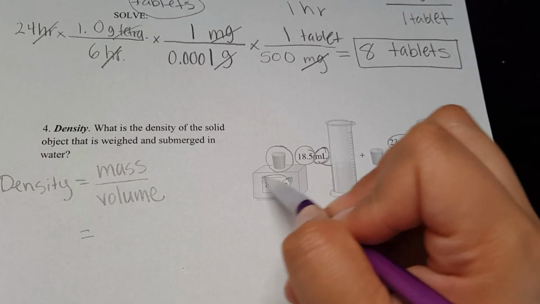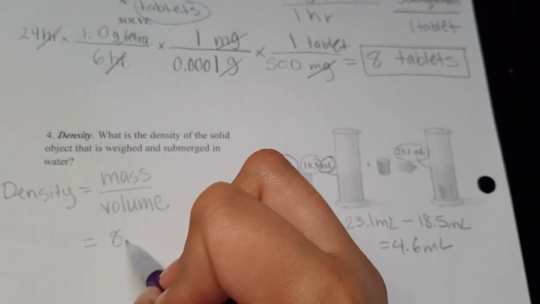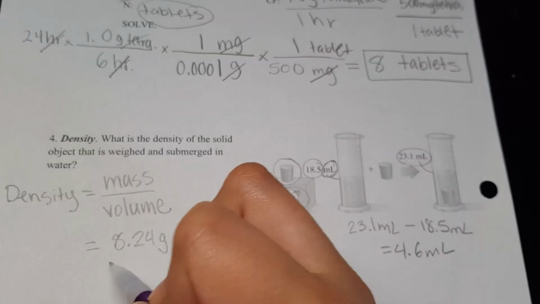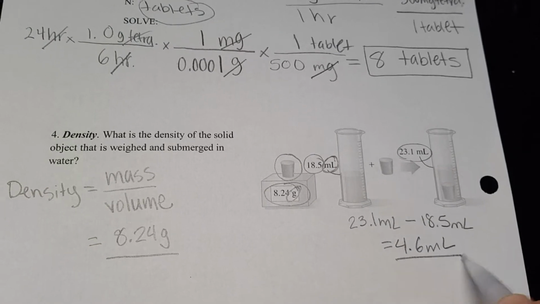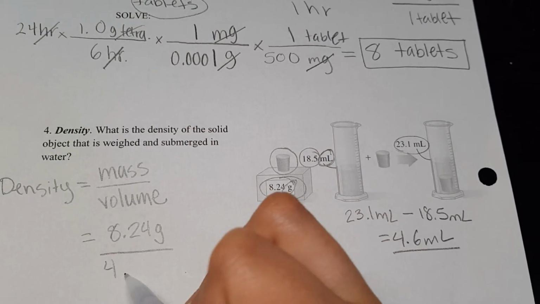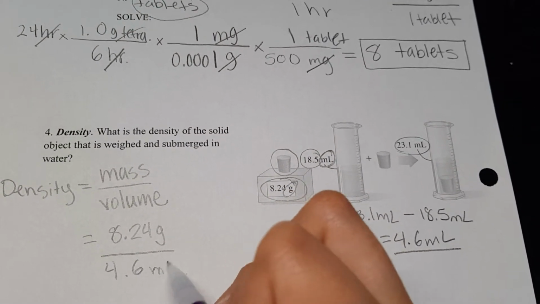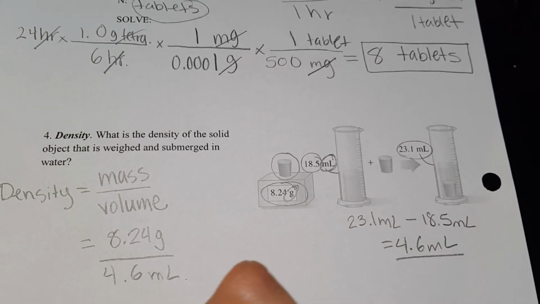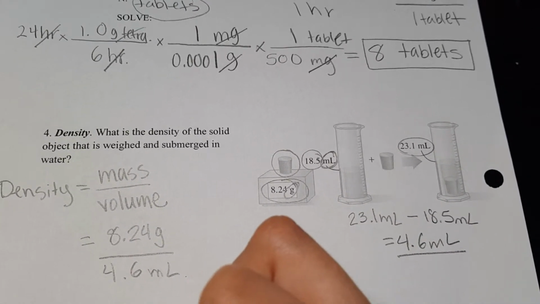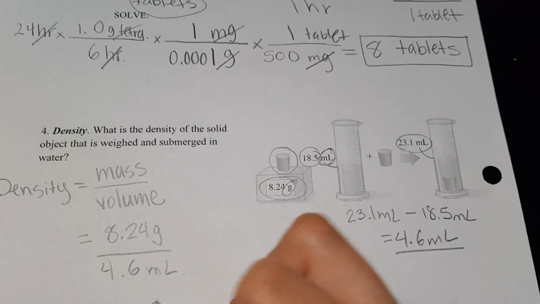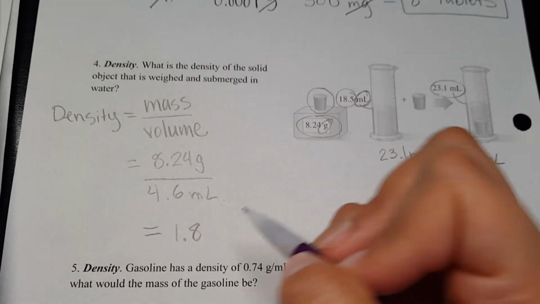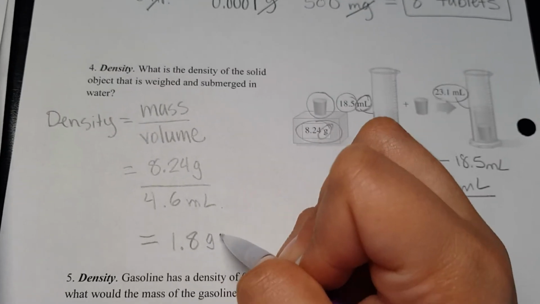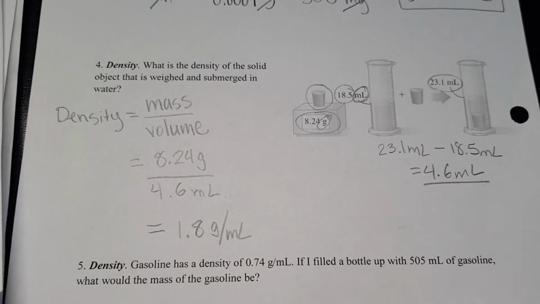Mass is 8.24 grams over the 4.6 milliliters. Our density will be, if you do that in your calculator, you will end up with 1.8 grams per milliliter.